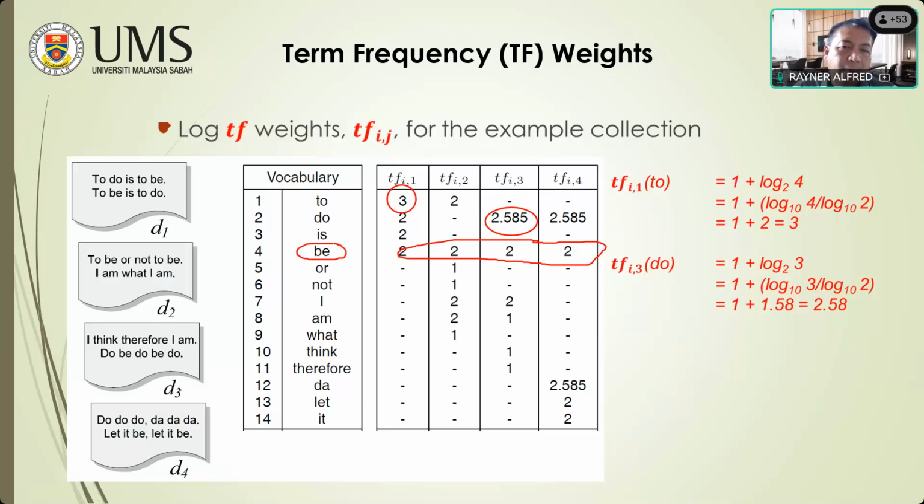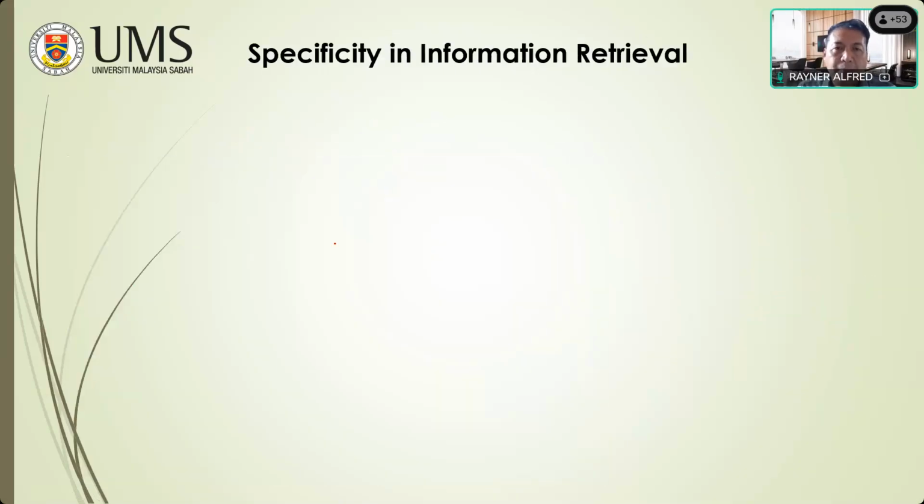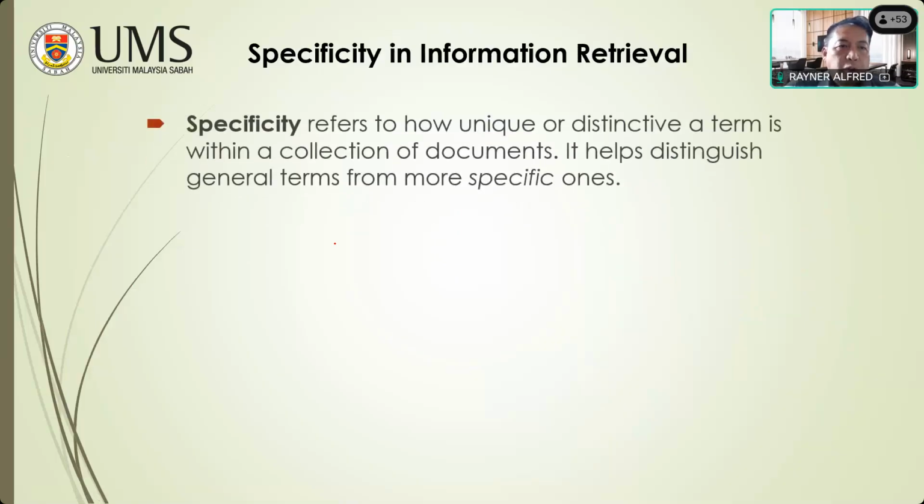which is the IDF. Now we know how to compute the term frequency, the first part of the formula. Now we look at why we need the IDF, inverse document frequency. We want to refer to specificity, in which we want to know which term can be used to differentiate the documents, and of course a unique term is considered very effective in differentiating documents.